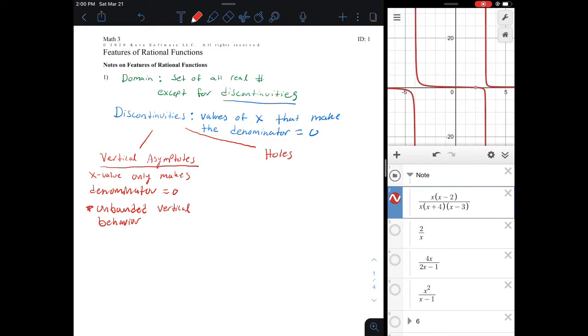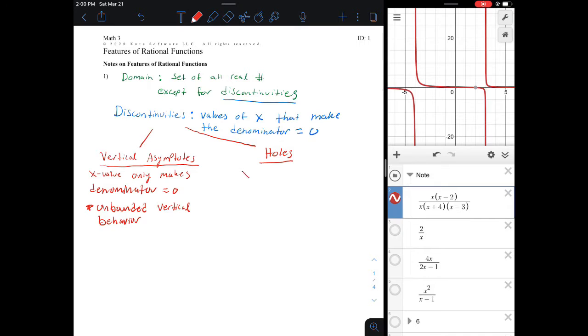A hole is a value that makes both the numerator and denominator equal to 0 at the same time.